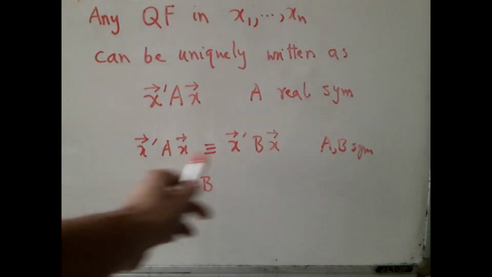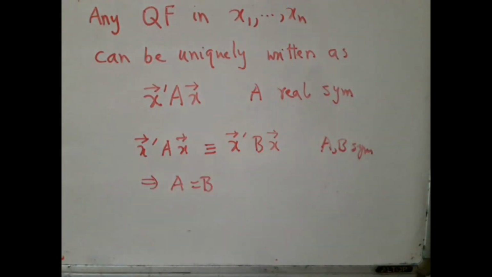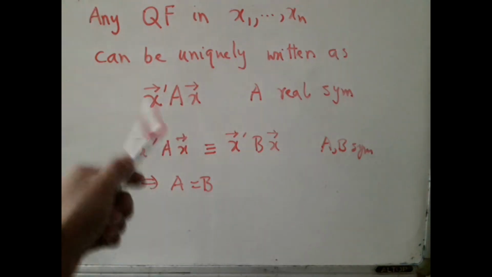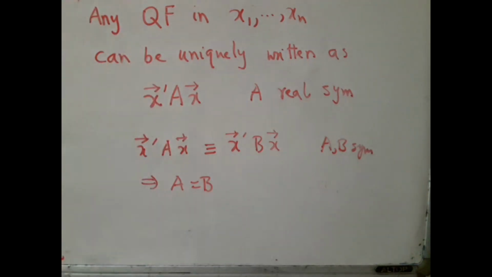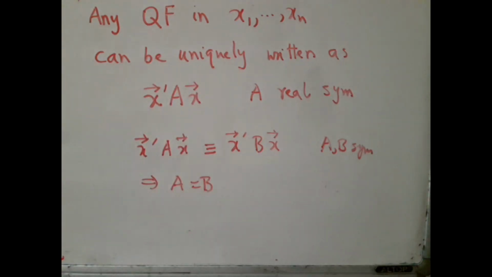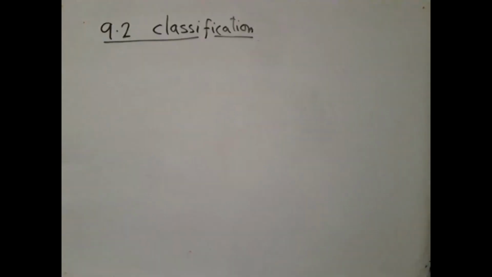If we do not have the symmetry condition, then, as we saw just now, we really cannot say that equality of the quadratic forms implies the equality of the matrices. So we often talk about A as the matrix of the quadratic form. If I ever write a quadratic form, you understand that A is tacitly assumed to be real symmetric.